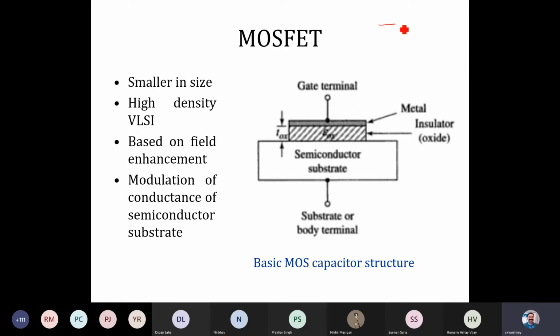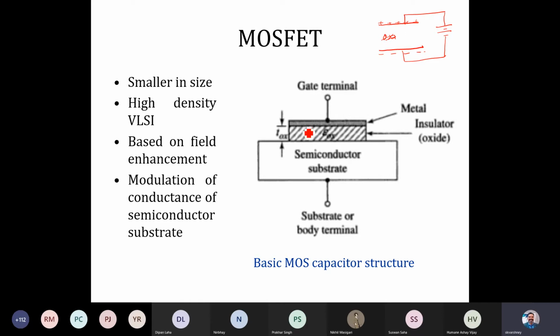If you remember, if we have a parallel plate capacitor and we apply a voltage, one plate gets a positive charge and the other plate is negatively charged. Between these parallel plates may be any insulator, maybe air, or any oxide, any dielectric medium. So basically this mimics the same way.